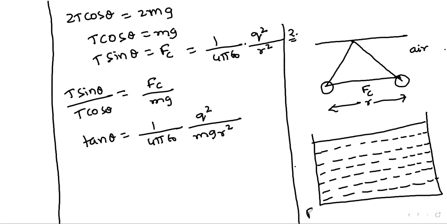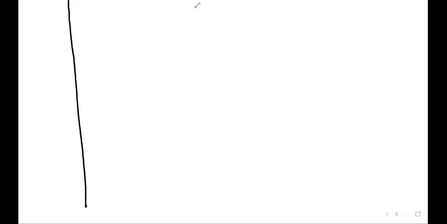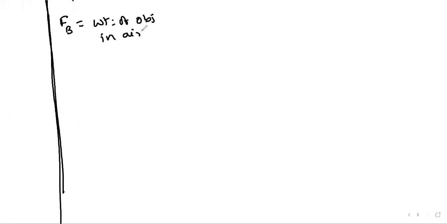Upthrust is equal to loss in weight. So upthrust equal to weight of object in air minus weight of object in liquid. Weight means mg.